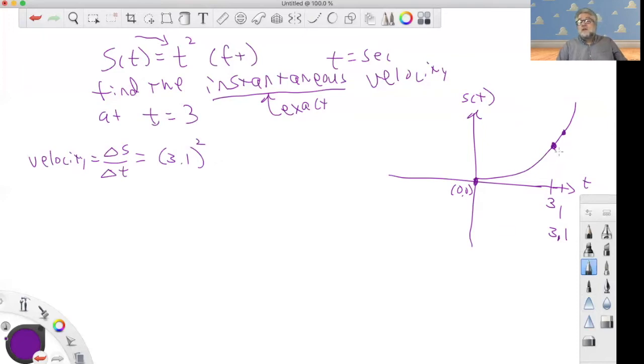So this is going to be x is 3, y is going to be 3 squared. And then for this one, it's going to be 3.1. Oops, let me write it over here because I won't have room. This point is going to be 3.1 comma 3.1 squared, because I'm plugging 3.1 in for t, and t squared is 3.1 squared.